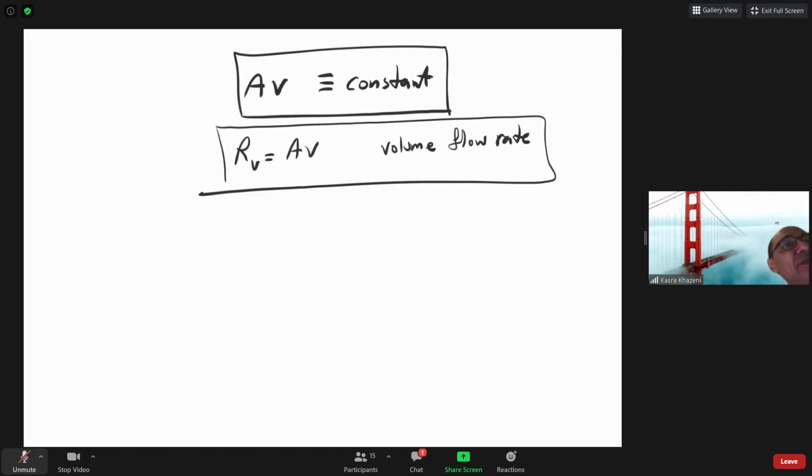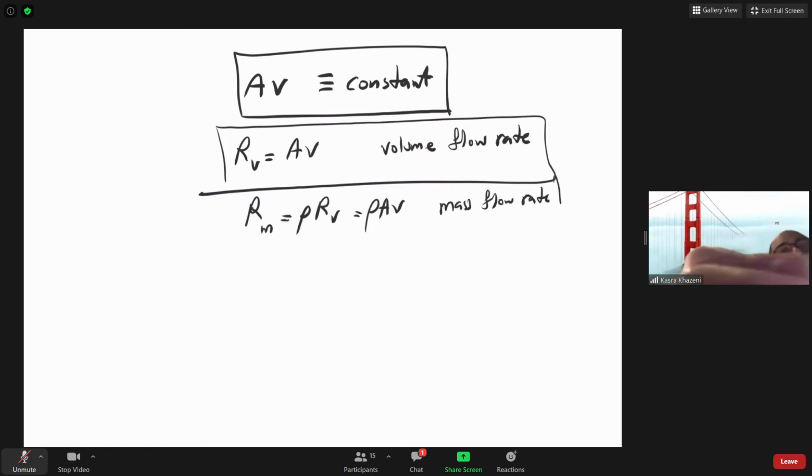And there is another quantity called R sub M, which is rho times R sub V, which is rho A V, and this is called mass flow rate.